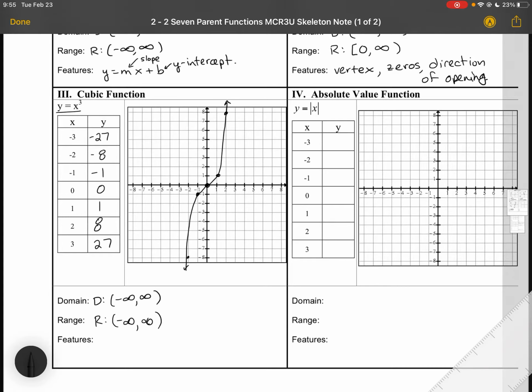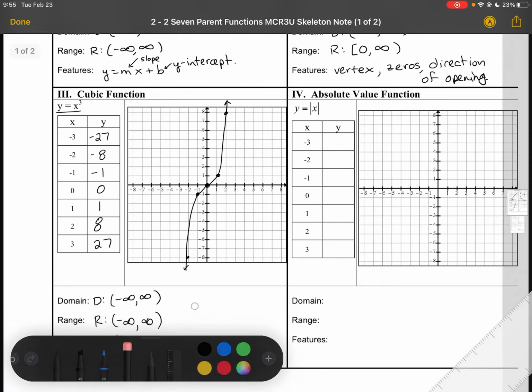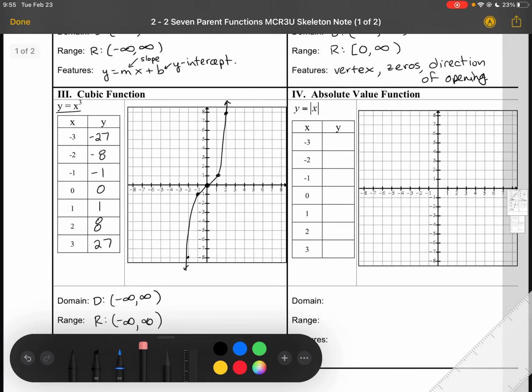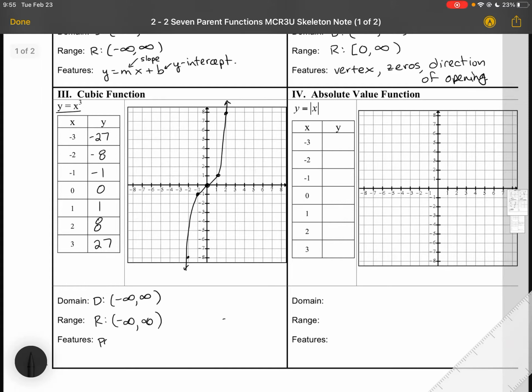Now the features of a cubic function is that they don't really have a vertex, okay? They do have a point of inflection, which is right in the middle, right here.